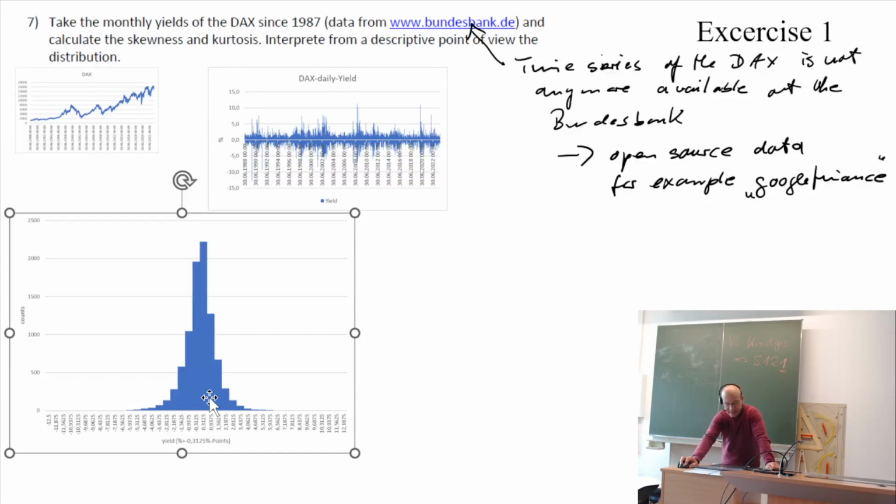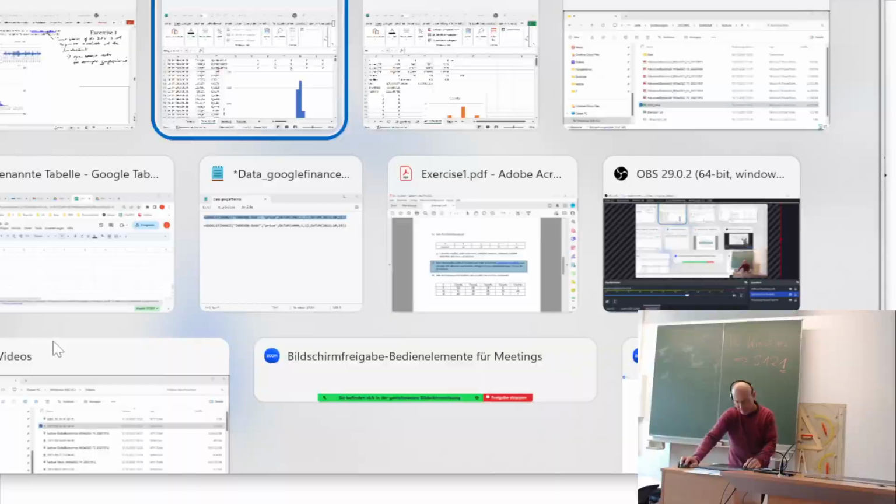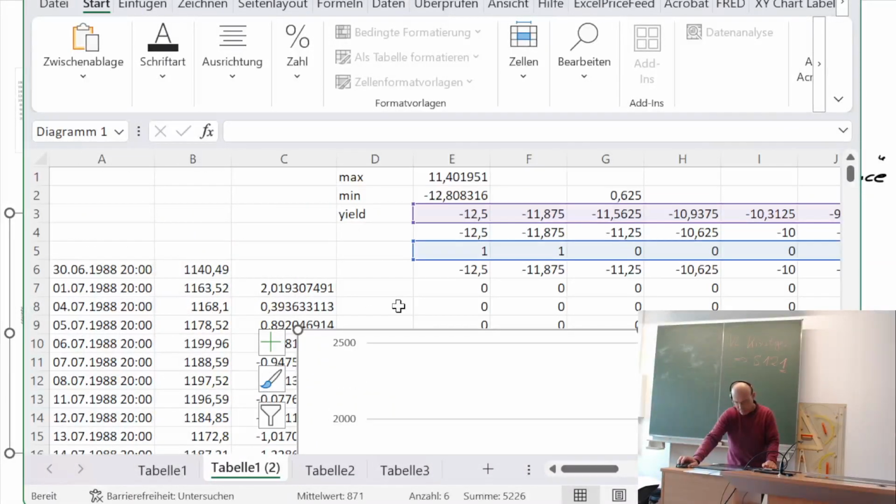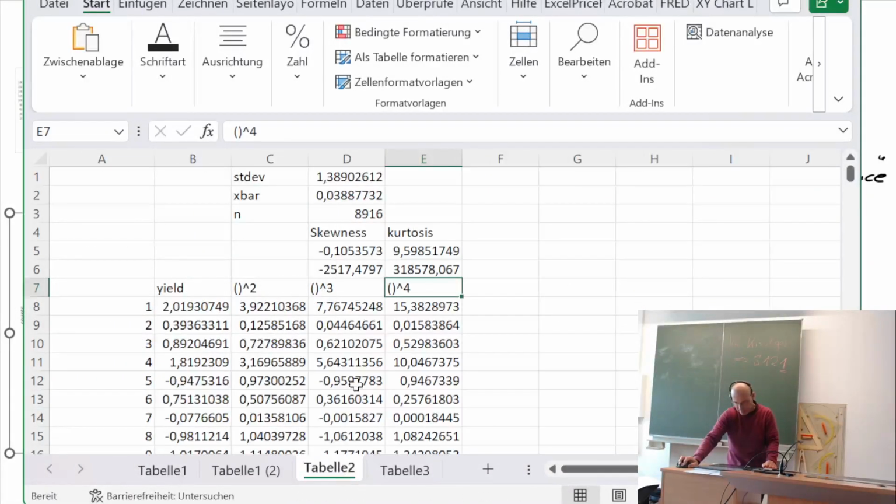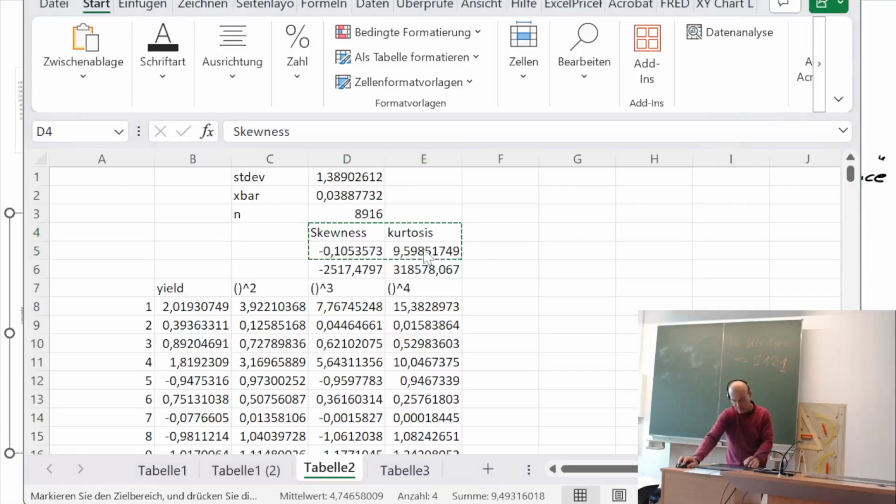Well, and then we can now be interested in the kurtosis and in the skewness. So is there maybe a bias to slightly below or slightly higher than 0% during the last years? And the kurtosis, where did I calculate this? Here, skewness and kurtosis.